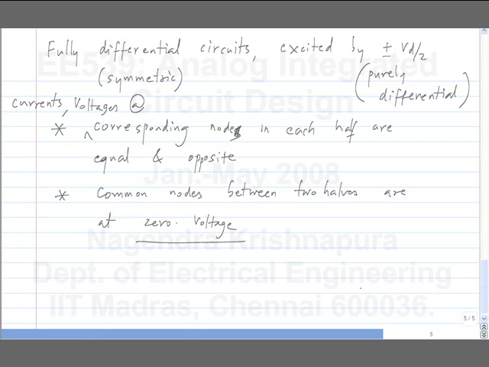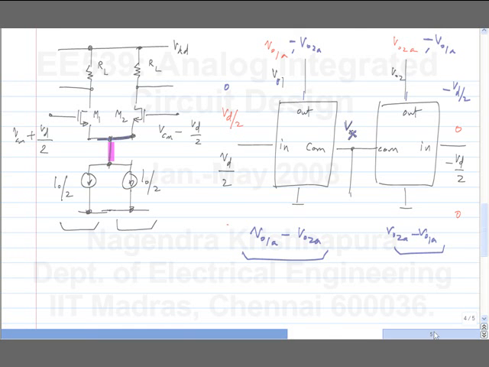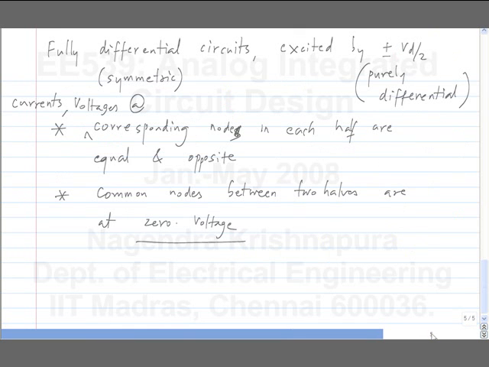And similarly, if you have a branch that is common to the two, for instance this branch, I can draw this as something like this, right? So you can think of this particular branch as common to the two circuits. So the incremental current in this branch will be 0. Okay. So this is true of any circuit that is made up of two identical half circuits and excited antisymmetrically.